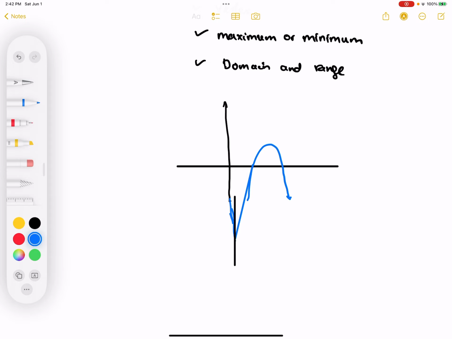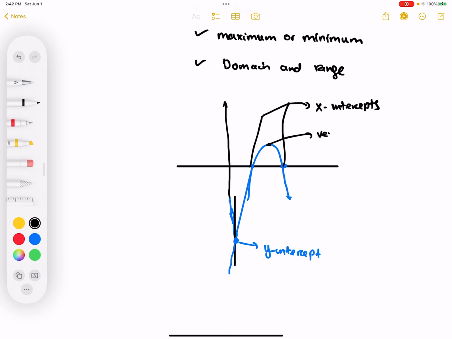If you extend this graph down to here, this point is known as the y-intercept. These points are the x-intercepts, and the maximum point here is known as the vertex.